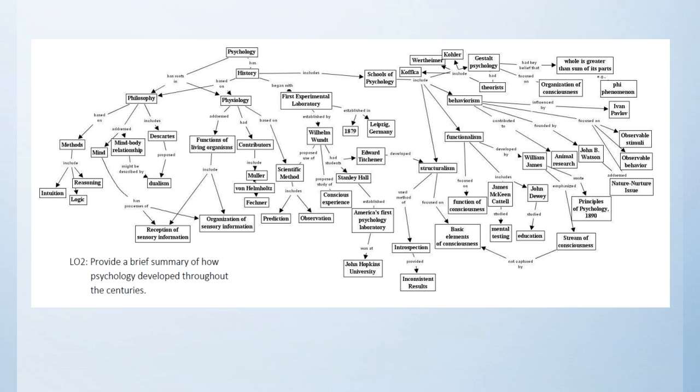So this little mind map, and you don't need to see it in detail, okay, but I really put it up there so that you can get a good idea. These are some of the key features that have happened over the last 100 or 200 years within the discipline, and it can show you how interlinked things are.